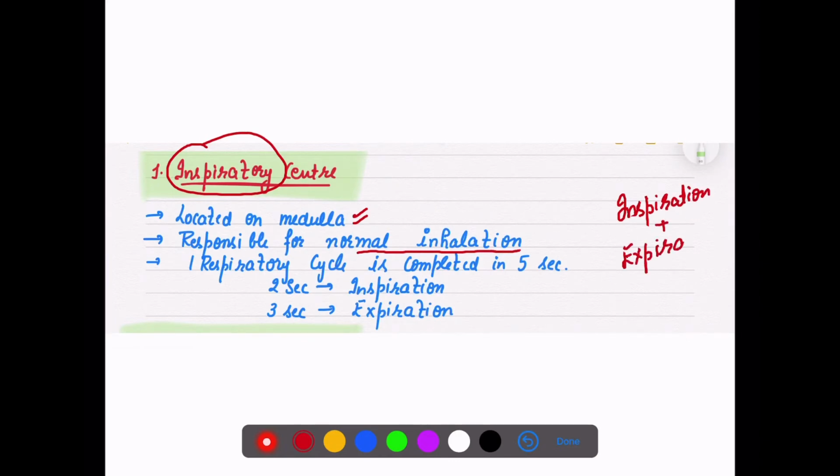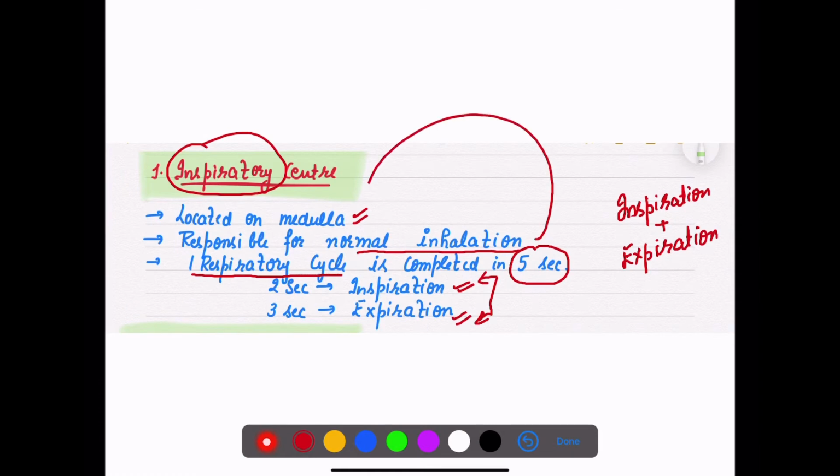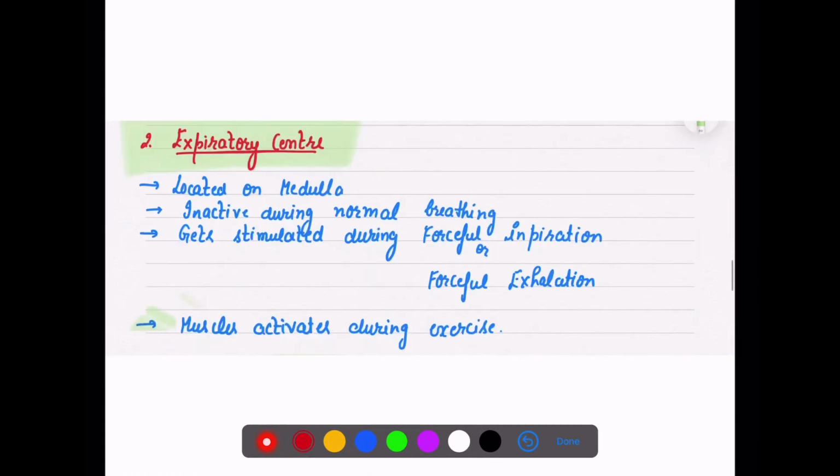One complete rhythmic respiratory cycle is completed in 5 seconds, out of which 2 seconds we inspire and 3 seconds we release the air. Clear? And the regulation center for this is the medulla. This inspiratory center is located on the medulla.